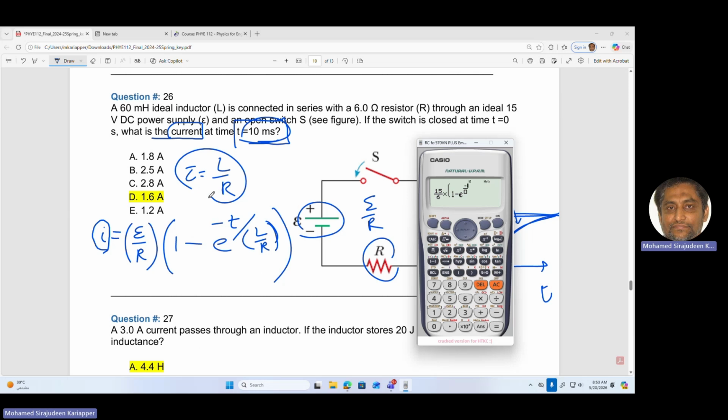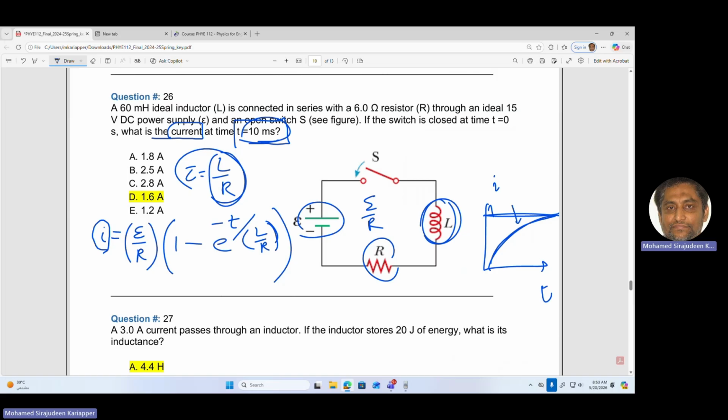I don't know if maybe it is better for me to tell this now. Let me pause there. See, L over R, right? That is the time constant. Time constant should be in second. L over R, the answer will be in second. If I put L in Henry and R in ohms, Henry per ohm is second.